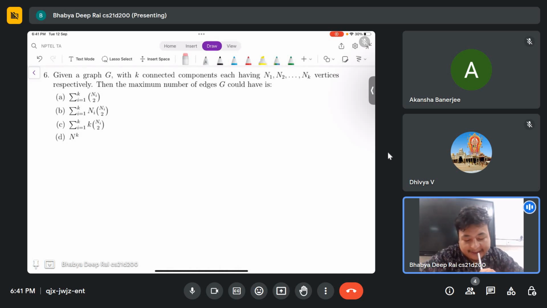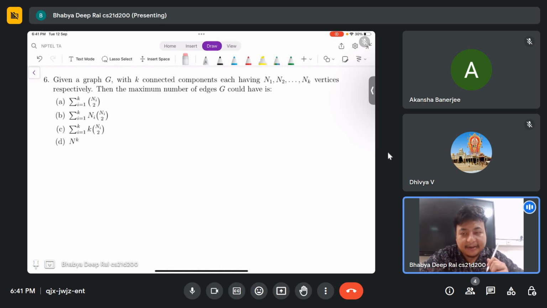Given a graph G with k connected components, recall the connected components I discussed earlier, each having n1, n2, n3 and so on till nk vertices respectively, then the maximum number of edges G could have is, so which one of the following would be the answer? Take a look at the options and think about it.